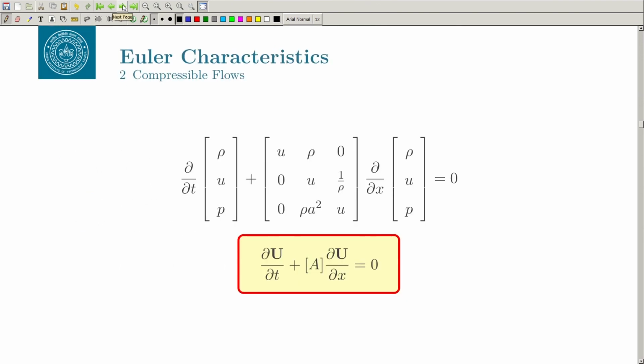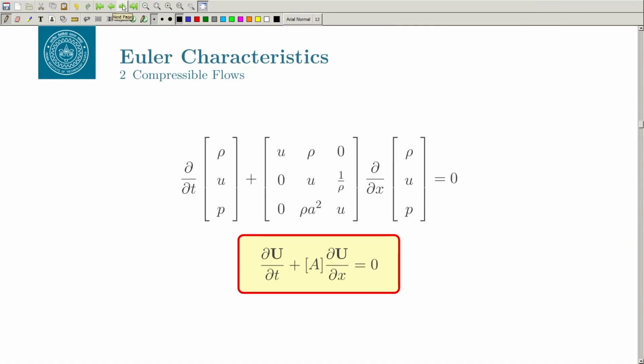Now, what we will do is analyze the Euler equations for a compressible flow. Why are we going to do that? Because we know that these compressible equations are dominantly hyperbolic in nature, and for hyperbolic equations, as we have seen when trying to find the characteristics, they will have real characteristics, real eigenvalues.